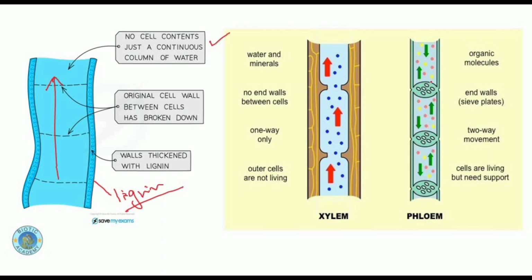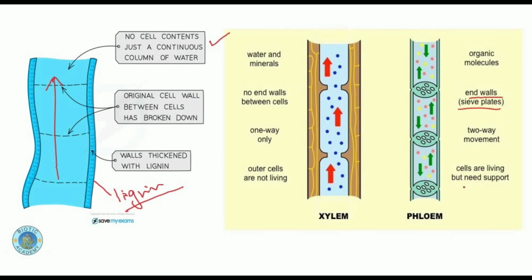Secondly, the cross wall between the plant cells is specialized into the sieve plate, which has pores, and the sucrose is transported across these holes. It has a two-way transport system, meaning the sucrose molecules, after being taken from the leaf, are transported to the upper part of the plant body as well as towards the lower part, towards the roots.